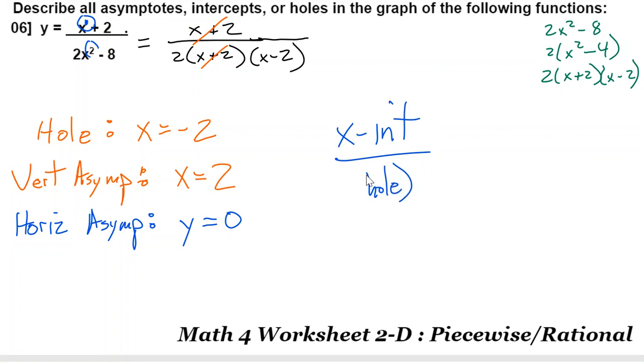I just have the hole, which is not an x-intercept. The y-intercept, I had a +2 on the top. I had a -8 on the bottom. And again, doesn't matter whether the negative is on top or on the bottom. All right, we're going to stop here and pick up with number 7 in the next video.